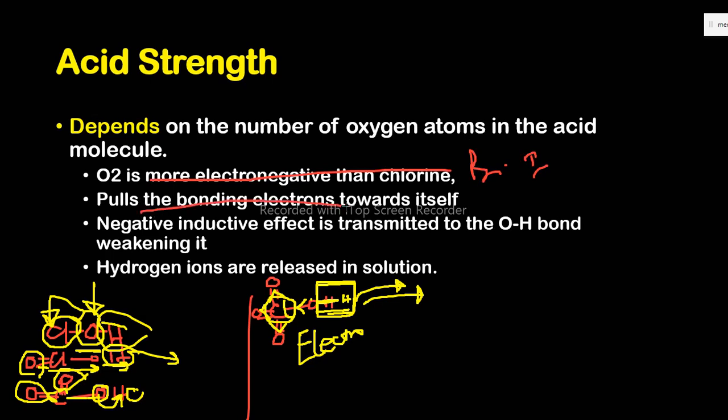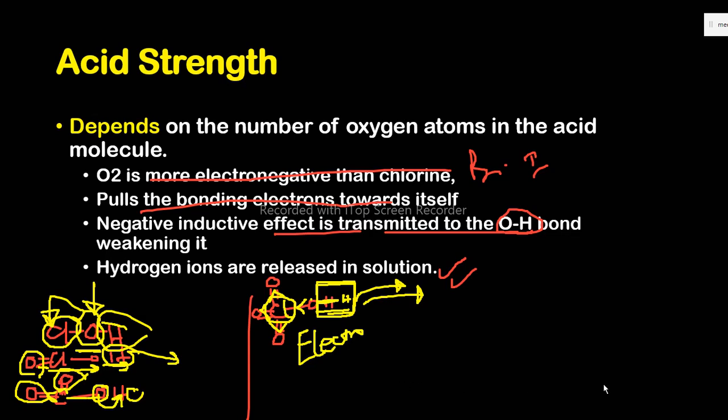So it pulls the bonding electrons towards itself, and this effect is transmitted to the oxygen-hydrogen bond, hence weakening it, easily releasing the proton in the aqueous solution. As simple as that. Now, should you really fail to explain this simple concept? Should you really fail?